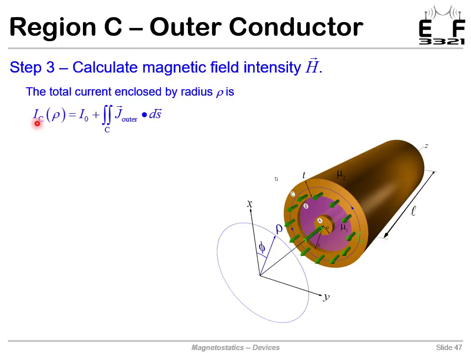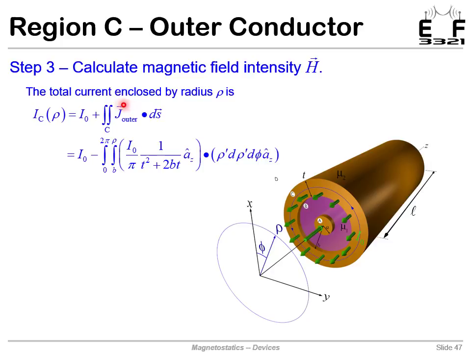So the total current in region C as a function of rho is, first of all, we've enclosed the inner conductor, but then we've only partially enclosed the outer conductor. So we have to do an integration over this area, this ring in the outer conductor that's within our integration path and the inner radius. So we want to integrate all the way around. And we're integrating the current density that we found on the other slide.